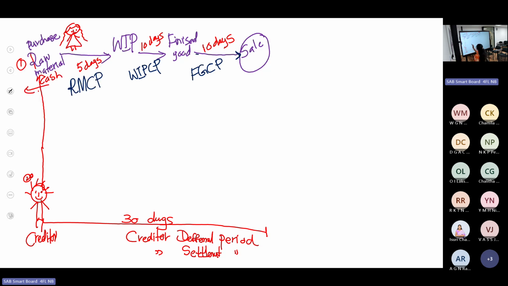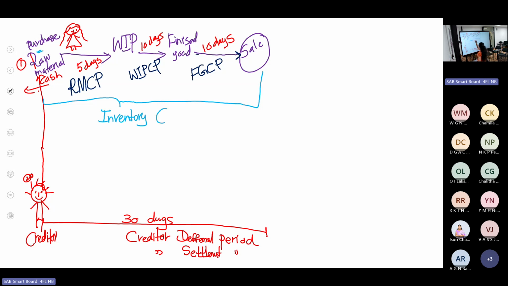Entirely, the acquired raw material converted to sales, we are naming this one as inventory. Right? Here also we have to report inventory once after you acquire the raw material.